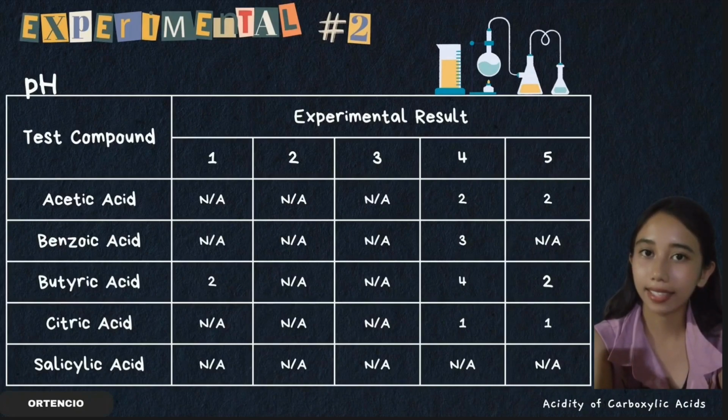For butyric acid, groups 1 and 5 recorded a pH of 2, while group 4 recorded a pH of 4. In the case of citric acid, only groups 4 and 5 were able to conduct the experiment, both recording a pH of 1, indicating that it is highly acidic. And unfortunately for salicylic acid, all groups were not able to perform the experiment.